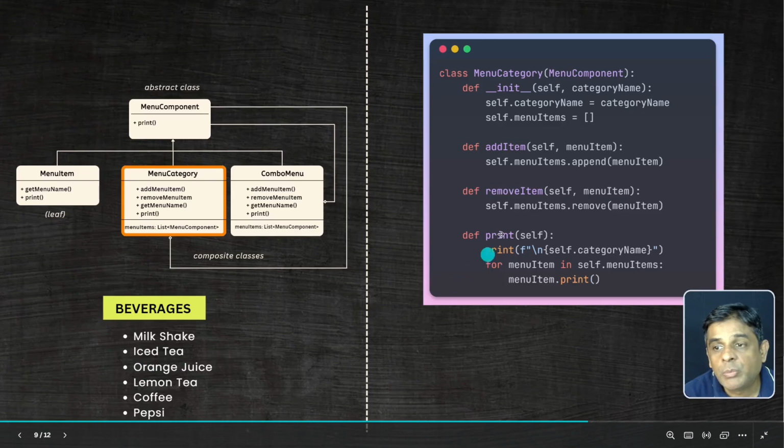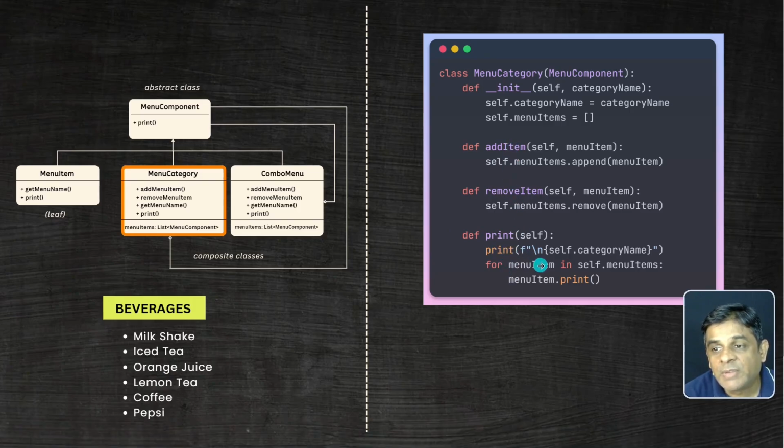If we need to remove something, we have to call this. If we want to add a new menu item, we have to call this. And this is the print functionality. So this menu category class holds other objects, or leaf nodes, or other subclasses, menu items.